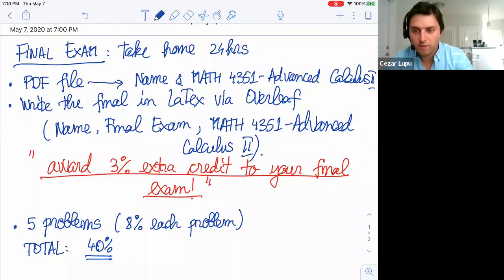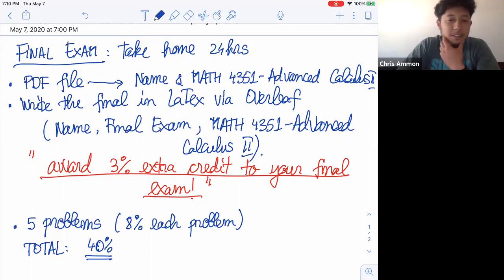So this is 40% of your total grade. So basically I will just add everything up and then we'll see. But I think with so much extra credit at this point, I'm trying to do everything that I can so that not many people fail this class. So with 90% still an A?